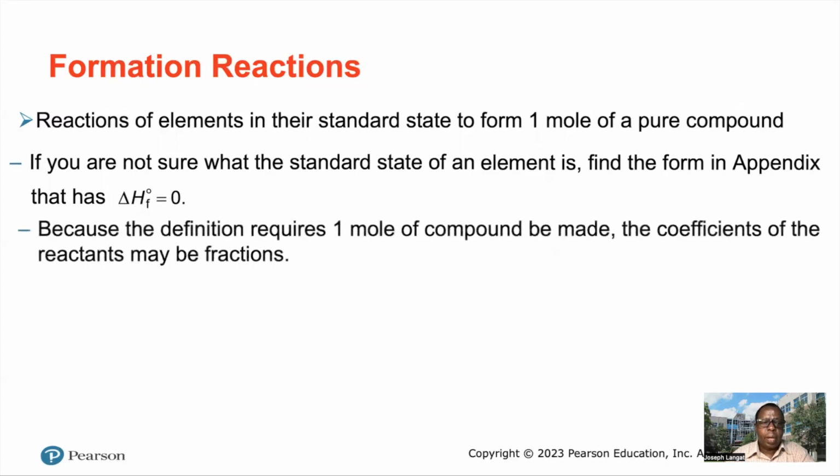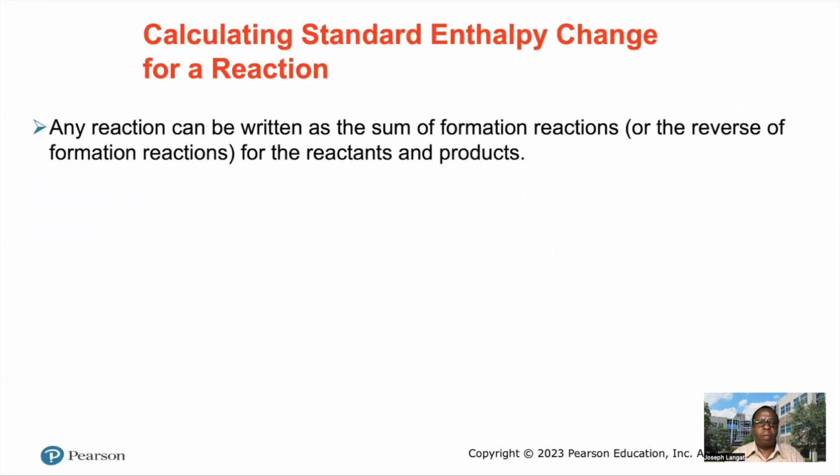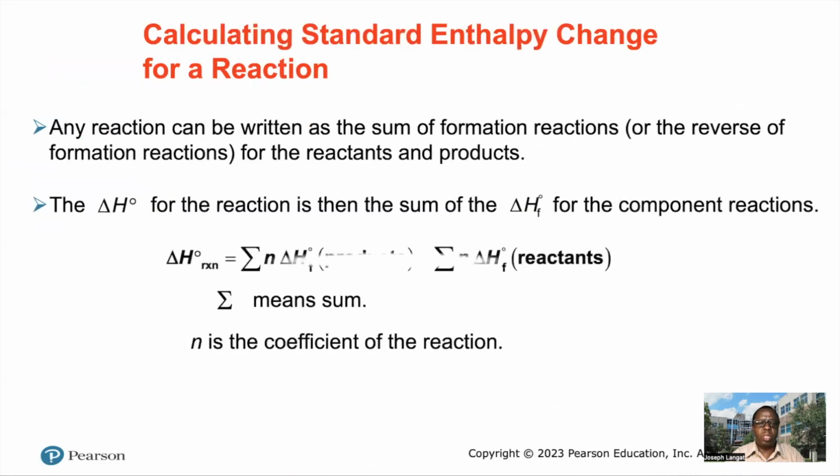We can now use the standard enthalpy of formation of elements or compounds to calculate the standard enthalpy of reaction using this equation. Understand that this is the change in enthalpy for a reaction at standard state, which means we have to refer to the appendix to find the standard enthalpy of formation for the products.